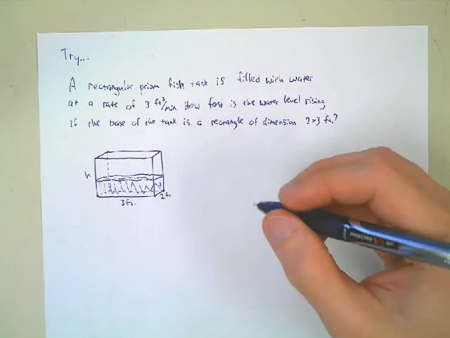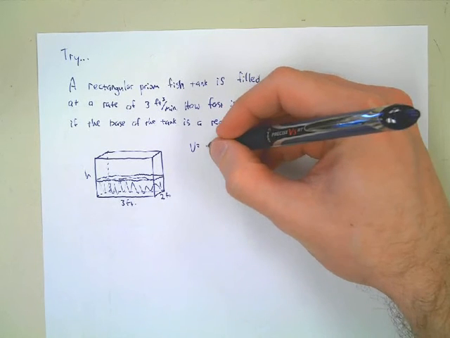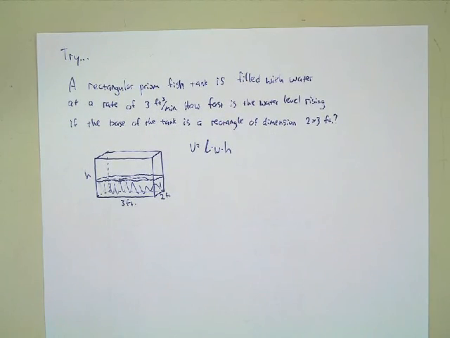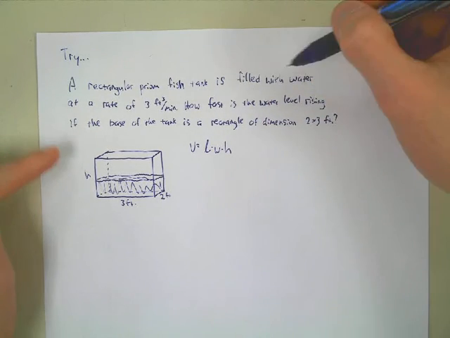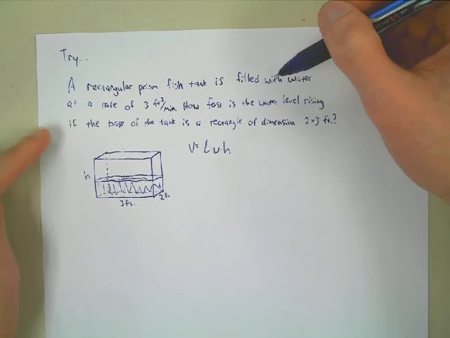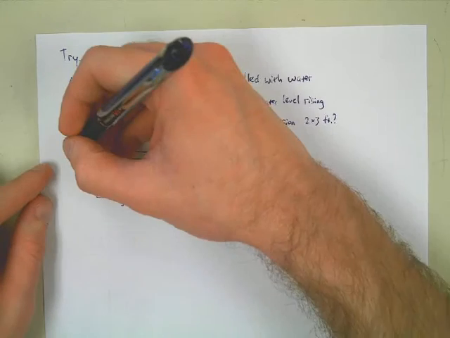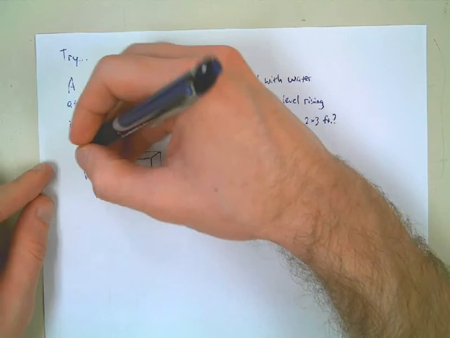For this, we know we're going to use volume because we are given the rate of change of the volume. We've got dV dt, so water's pouring in at 3 cubic feet per minute.